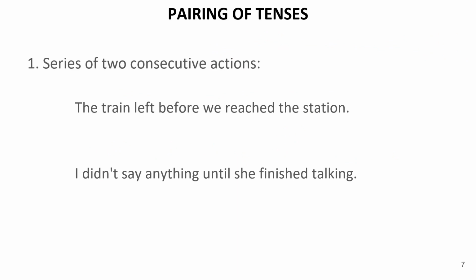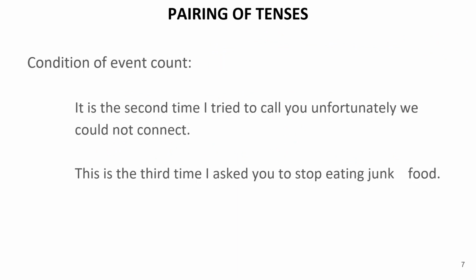Now we have one more concept, that is condition of event. Whenever we say it is the second time, it is the first time, in these types of sentences, we always use present perfect tense.